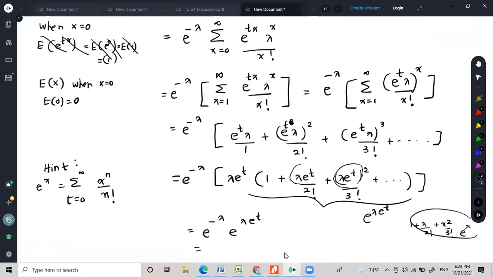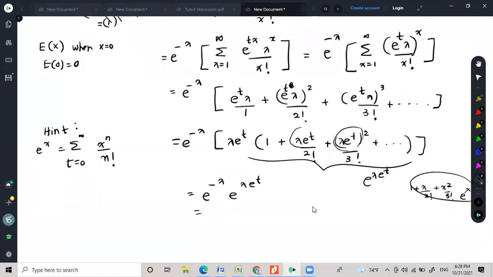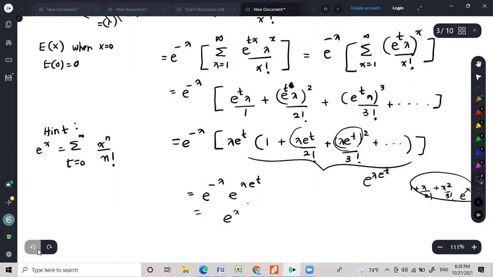Now you replace this infinite series with e to the lambda e to the t, and then you have e to the negative lambda outside. So what do you get? You get e to the lambda e to the t minus 1, right?